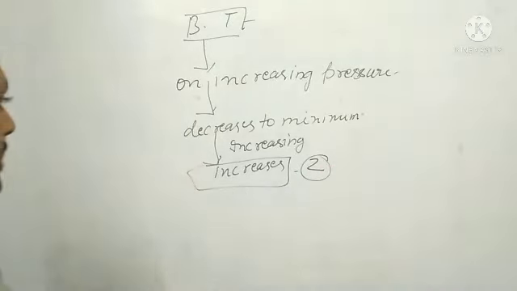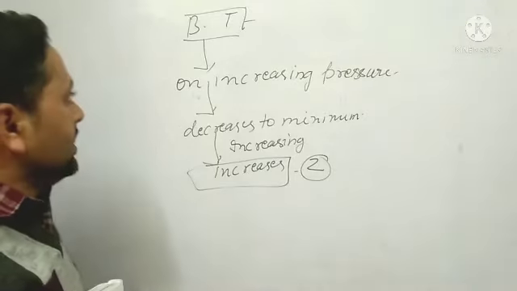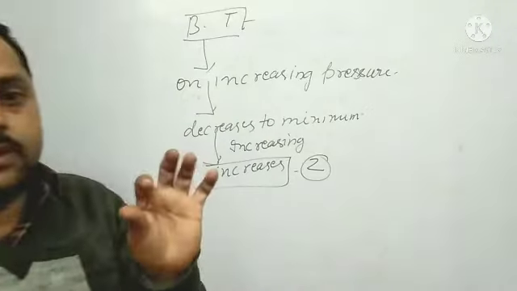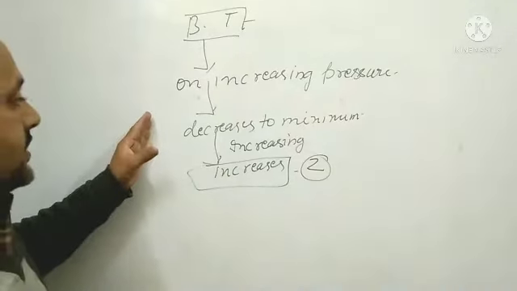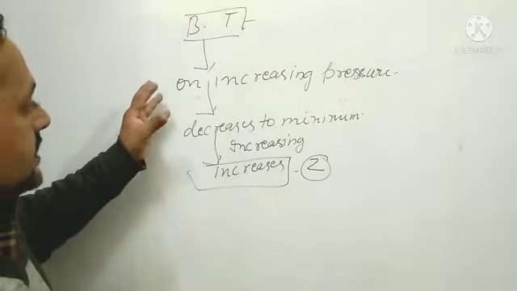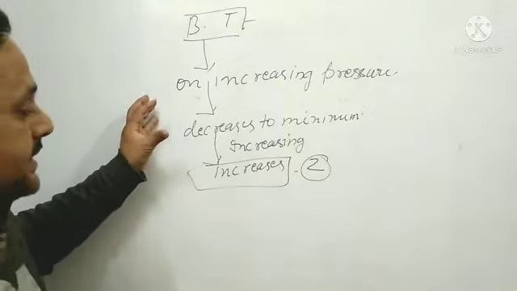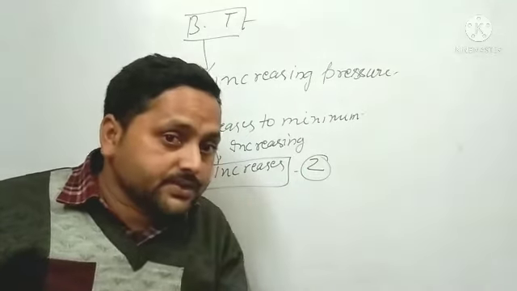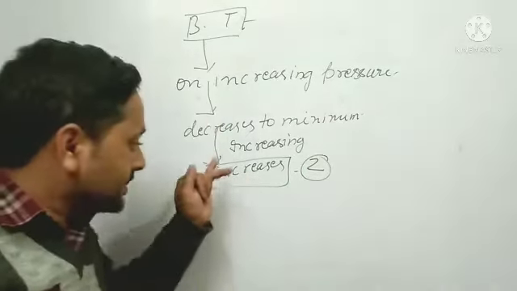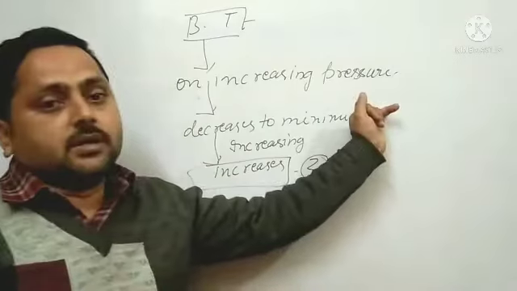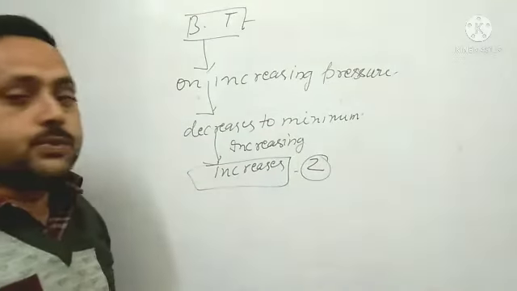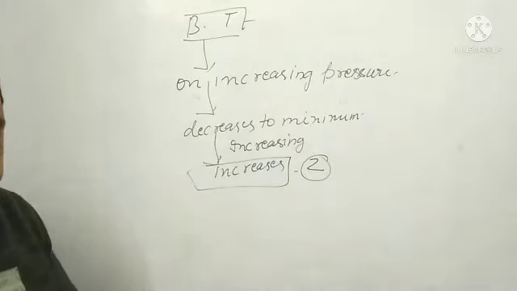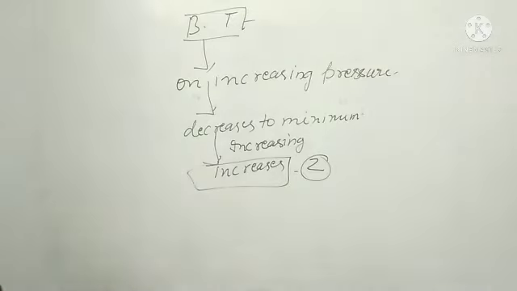Means below the Boyle temperature, gases show negative deviation. On increasing pressure, their deviation decreases to a minimum point, and further on increasing pressure it starts increasing again, and the Z value also increases.